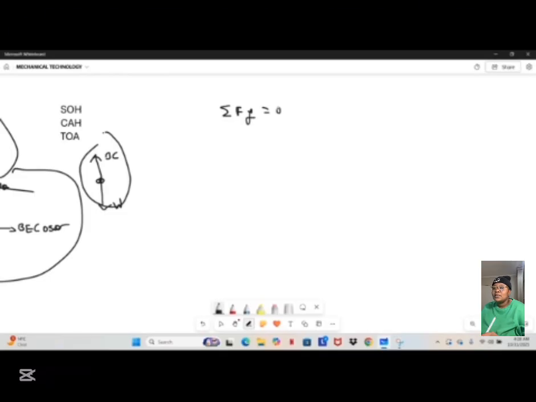CB minus W equals 0. BC, meant to say not CB, BC minus W is equal to 0. That's the sum of the forces.